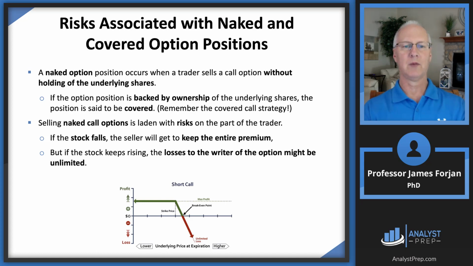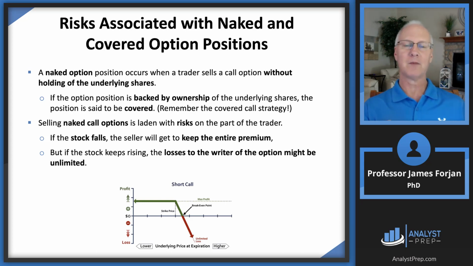So the question then becomes, what are the risks associated with that naked position? Think about it. In our example, if the stock price at expiration is, say, $110 or $120, you're going to come and politely say, hey, Jim, where's my $20 or $30 or whatever that intrinsic value of the option is?